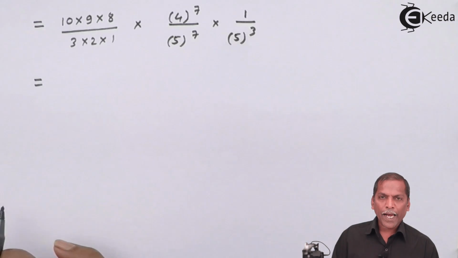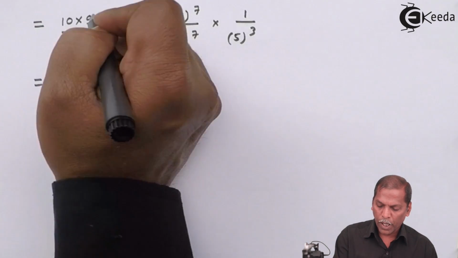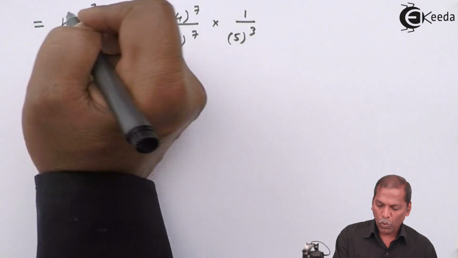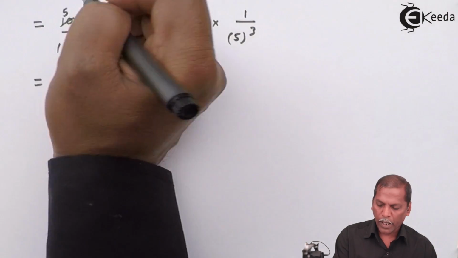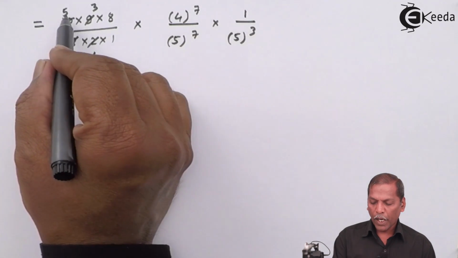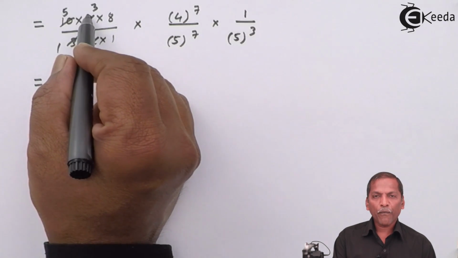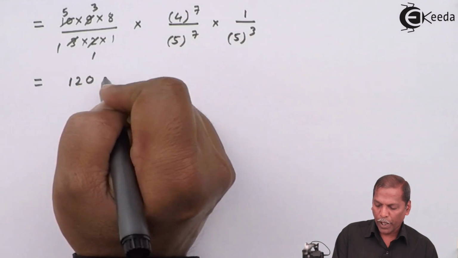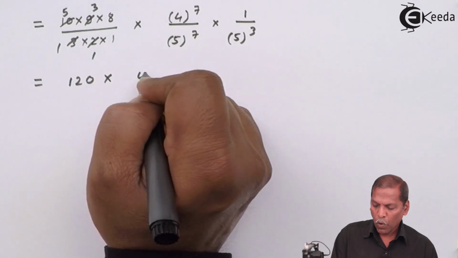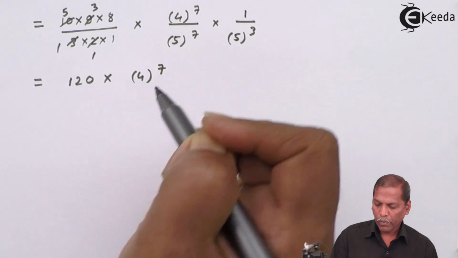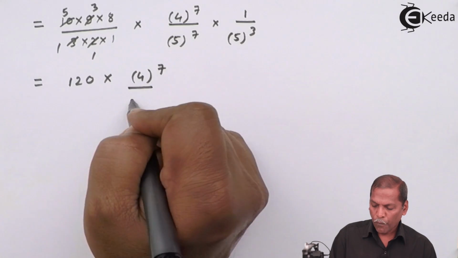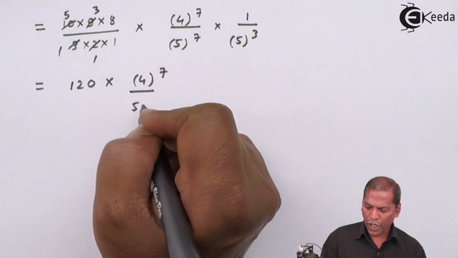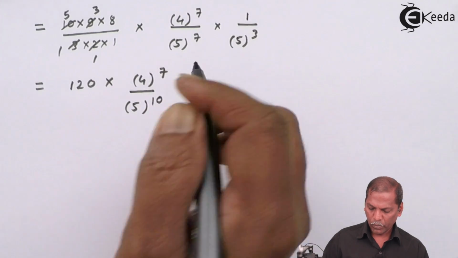So here we go for cancellation: 3 ones are 3 and 3 threes are 9, 2 ones are 2 and 2 fives are 10. Now 5 into 3 gives 15, into 8 is 120, into 4 raised 7 upon 5 raised 7 plus 3, so that gives 10.